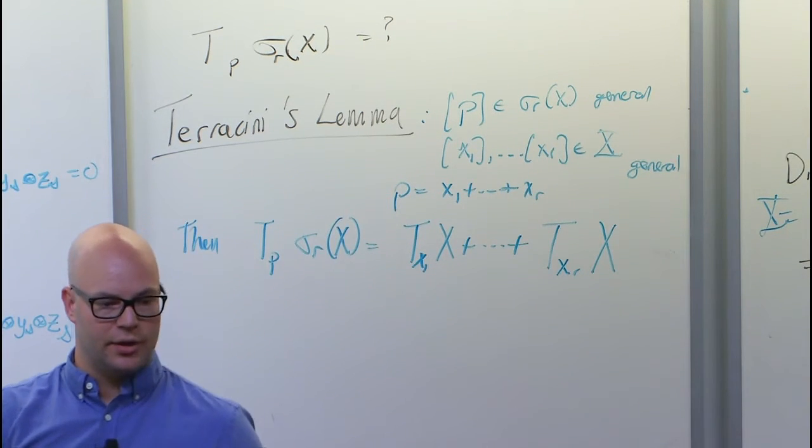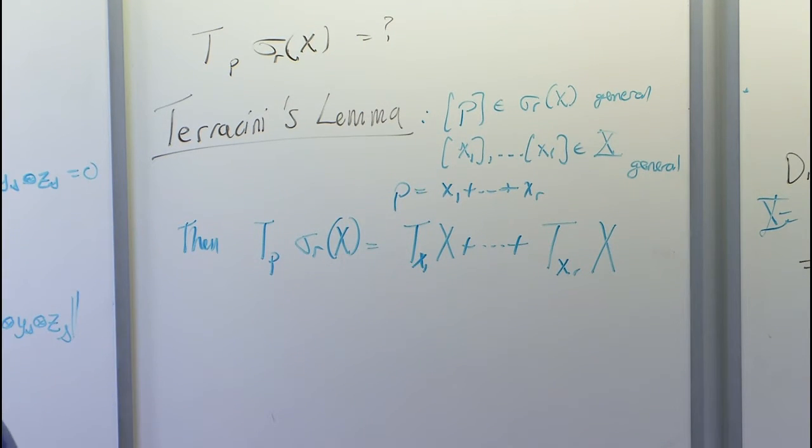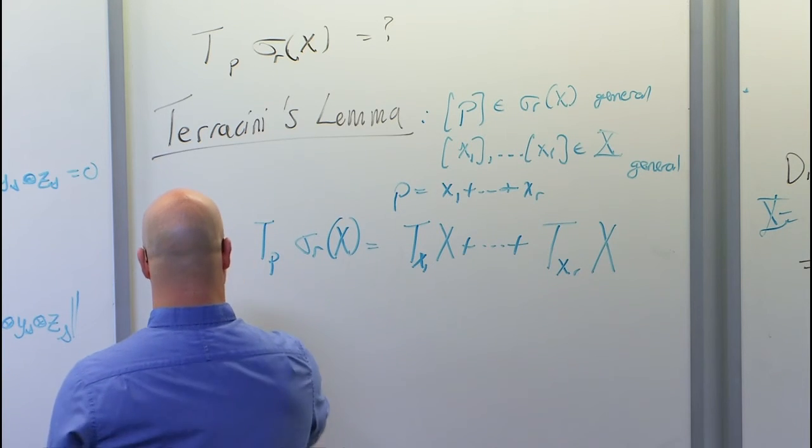This should be exactly what you expect because the points on this variety are just sums. So we take tangent vectors at the sum, and we get the sum of tangent vectors.